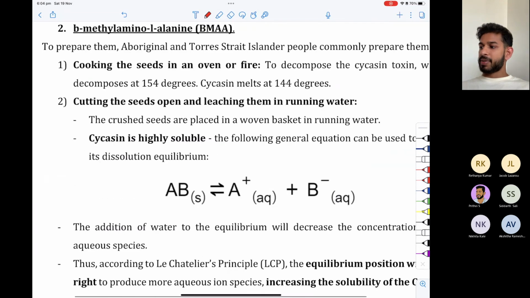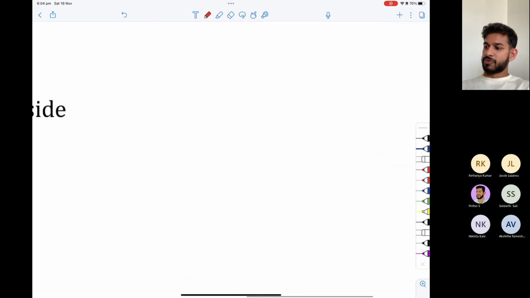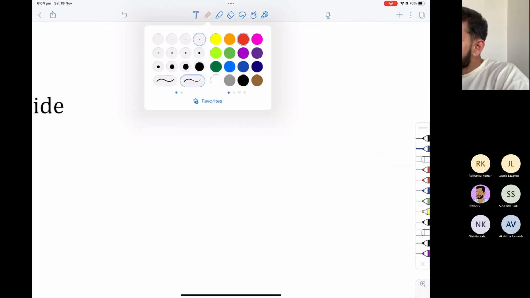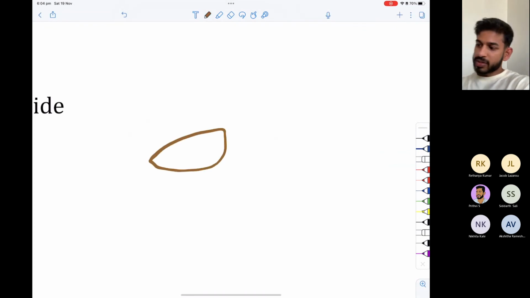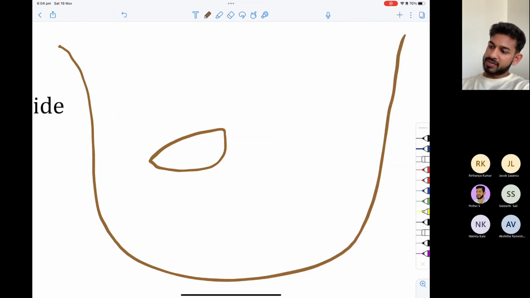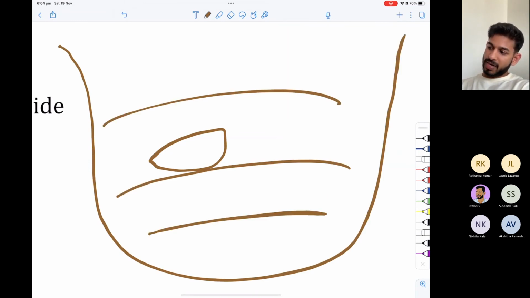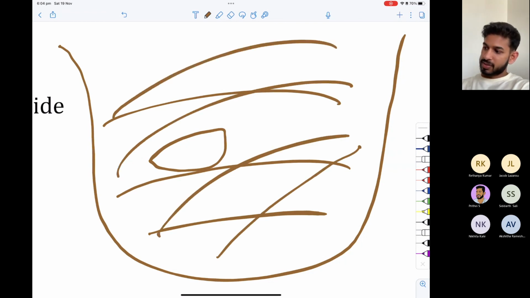Now, what ends up happening is, I'll draw it for you here. Here's a cycad seed. What they did was they put cycad seeds in woven baskets. Imagine a basket that's very porous, made out of straw, like this. It's a cool straw design.